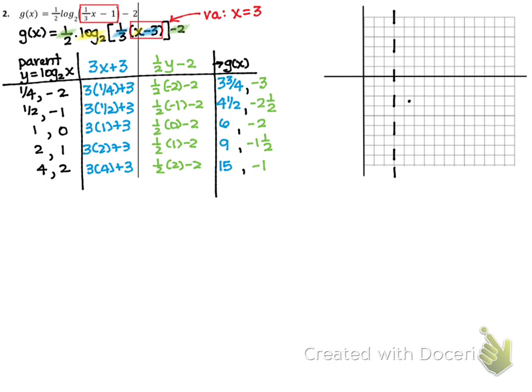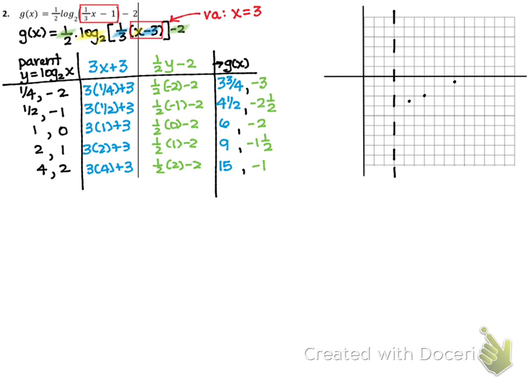Okay, then 6, 3, 4, 5, 6, -2. And then 9, 6, 7, 8, 9, -1.5. And then, I don't know if this will fit, 9, 10, 11, 12, 13, 14, 15. Okay, I could get it to fit. -1.